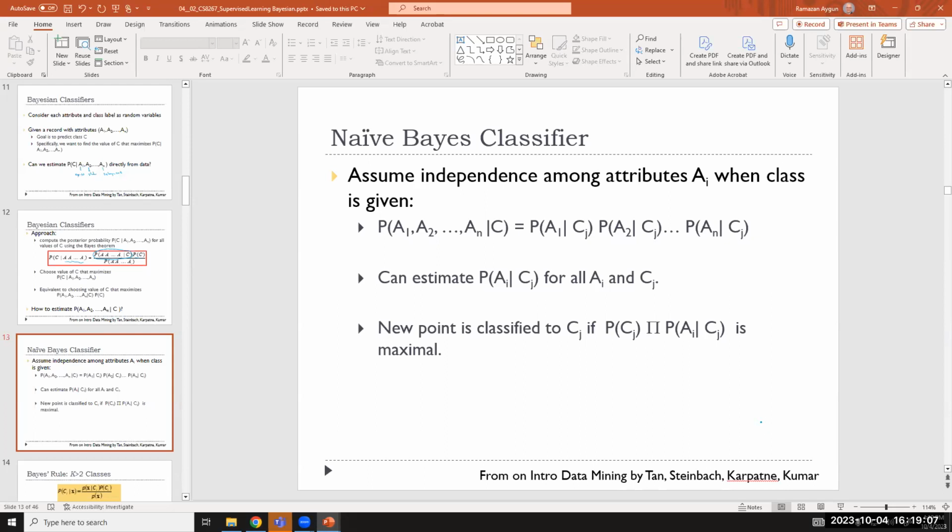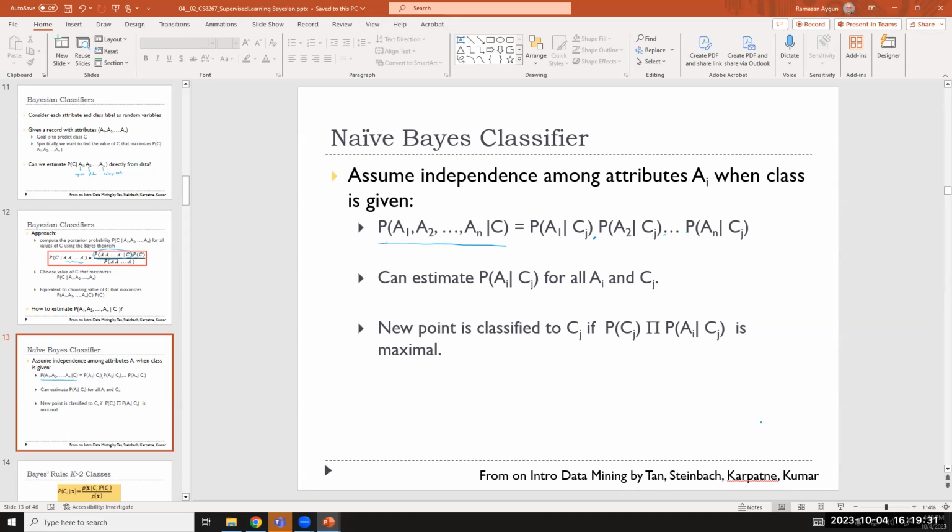If it is independent, you may write this as a multiplication of probabilities: given class C, the probability of the first attribute, times the probability of A2 given the class, and so on up to the probability of AN given the class. So you just need to multiply all of them.